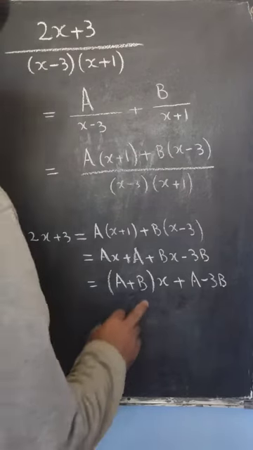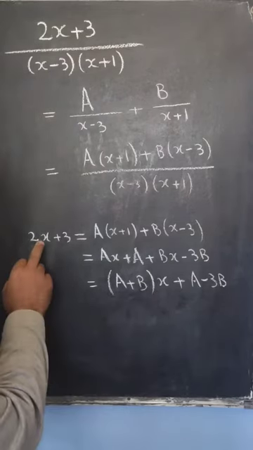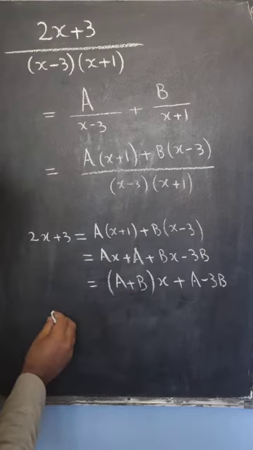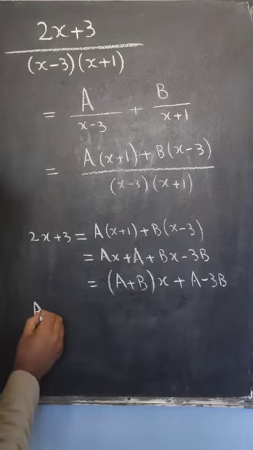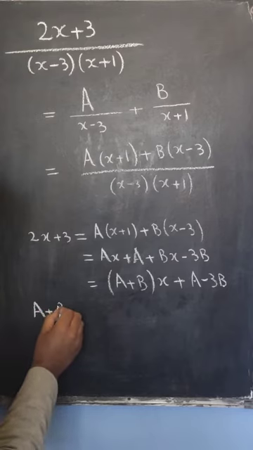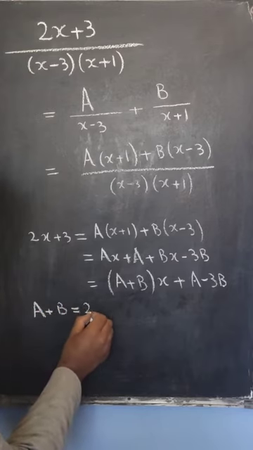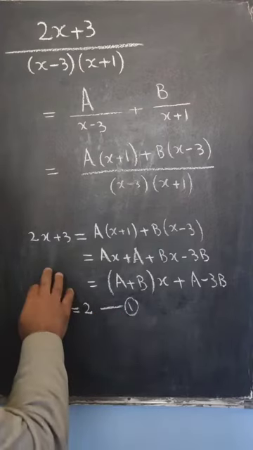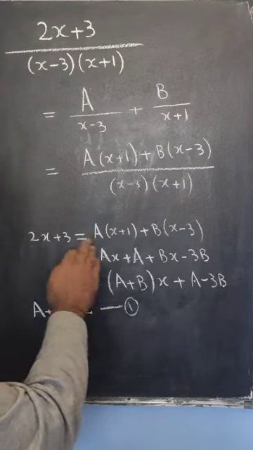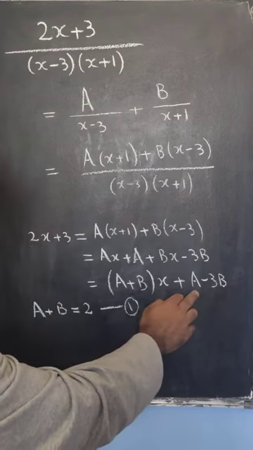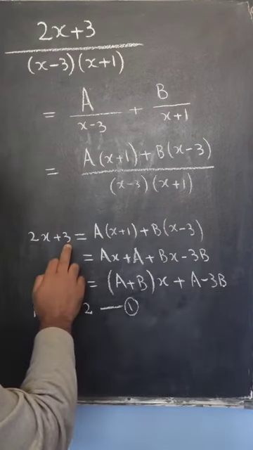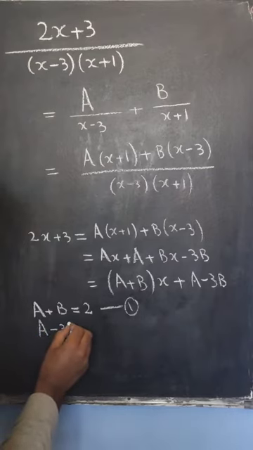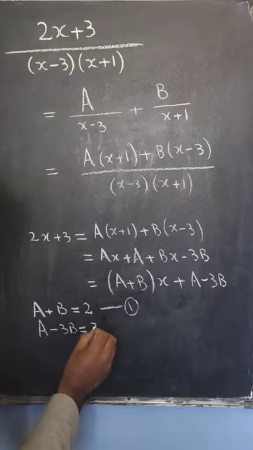Now, equating the coefficients of x on both sides, we have A plus B is equal to 2. Name this as equation first. Also, equating constant terms on both sides, we have A minus 3B is equal to 3.